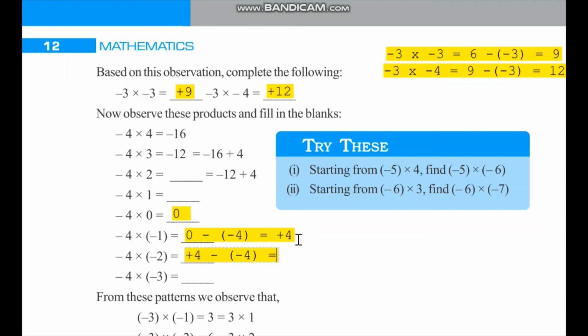This is because minus 2 times minus 4 has one less minus 4 than minus 1 times minus 4. So even in this case, the negative of the negative becomes positive and we get plus 8. Similarly, if we do for minus 4 times minus 3, I will leave the working to you, but the answer will be plus 12.